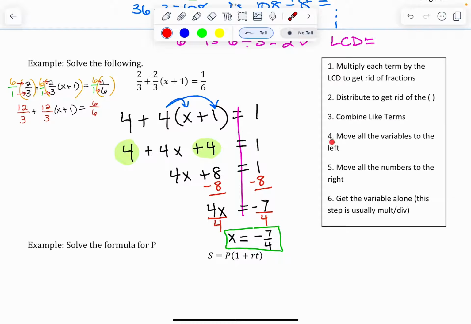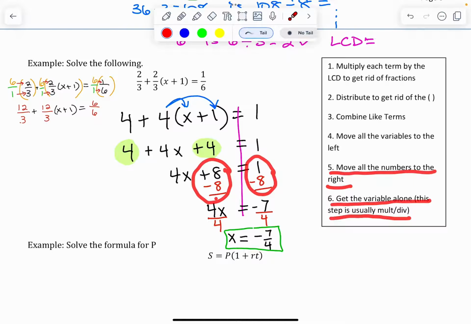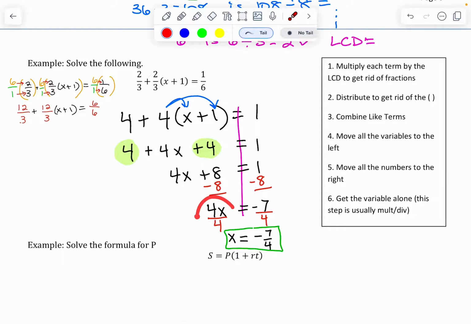Then we moved all the variables to the left. We only had x on one side, so we didn't have to move any variables. Then we moved all the numbers to the right. So the plus 8, we subtracted 8 from both sides. And then we got the variable alone using multiplication or division. So we did divide by 4 at the end here.